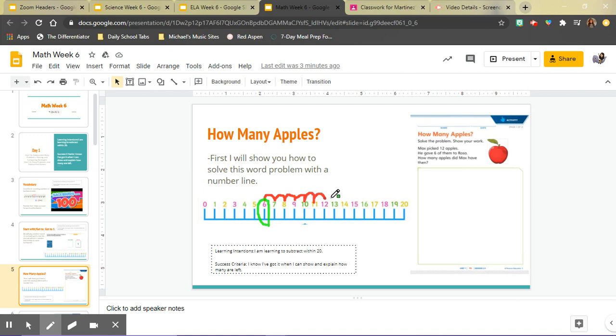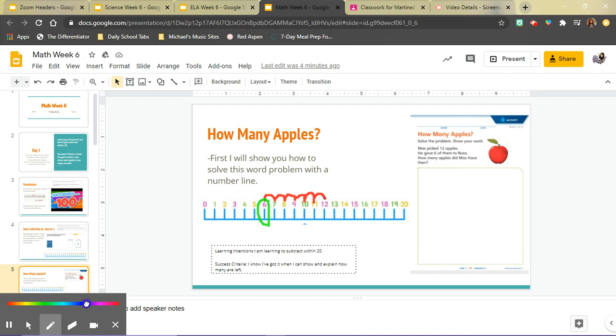So if I started at 12 and then I gave 6 away, which I showed with my jumps here, and ended on the number 6, how many apples does Max have now? Right, he has 6 apples. So that's how you can use a number line to solve a problem.